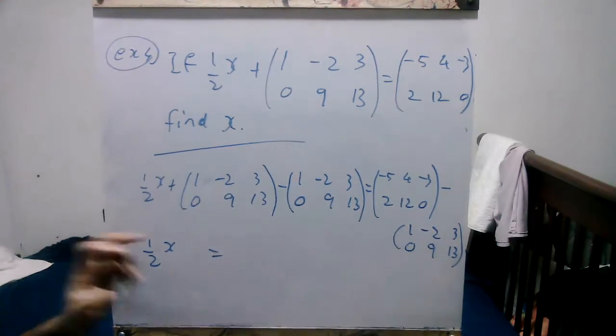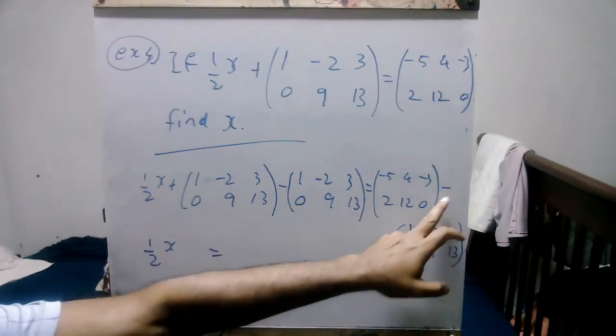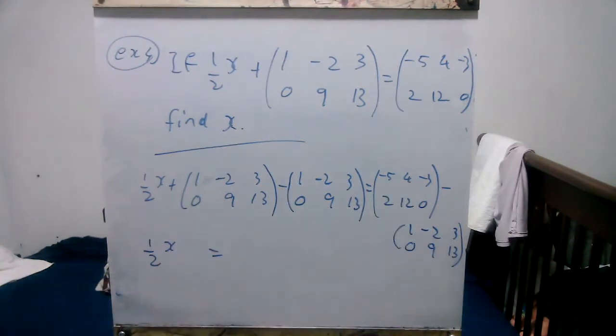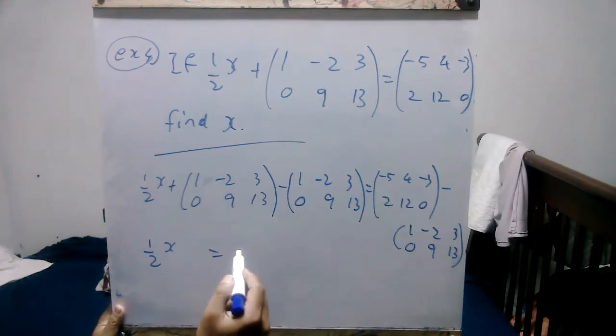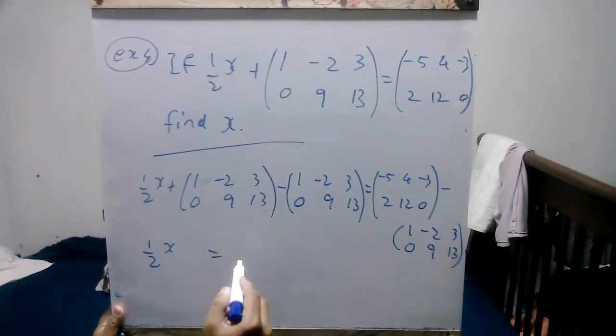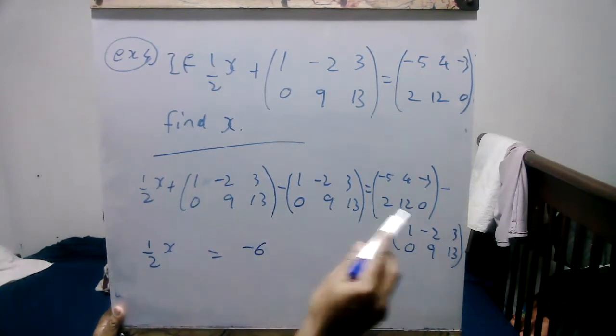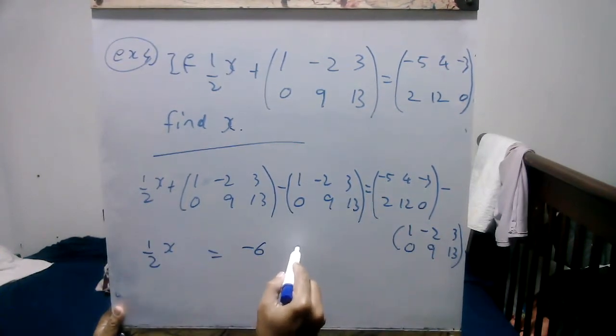equal to this side: negative 5 minus 1. We have to subtract corresponding elements. Negative 6. 4 minus negative 2 is 6.